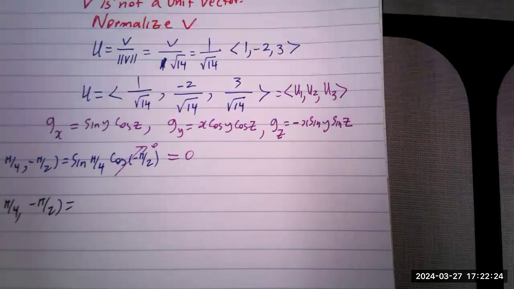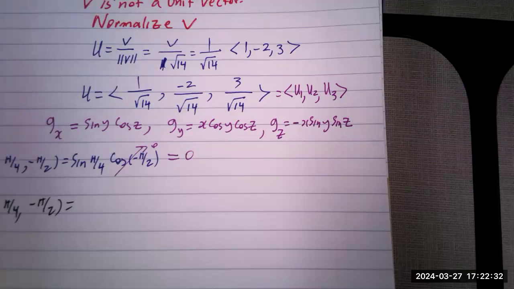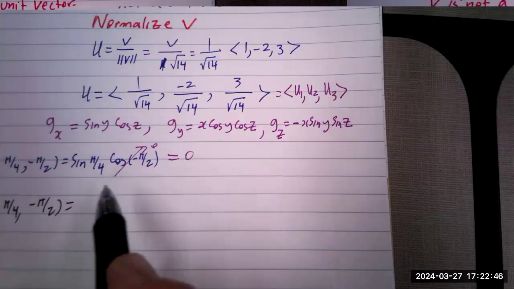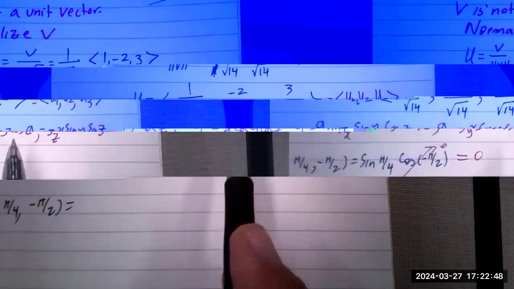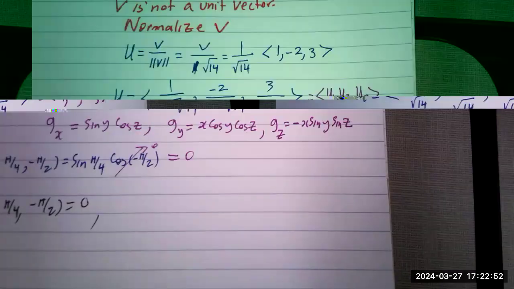This would also be 0 because of the cosine of z. Okay, let's continue to get it done. So g_z would be 0 as well, because of the sine of z... so that gives you 0.